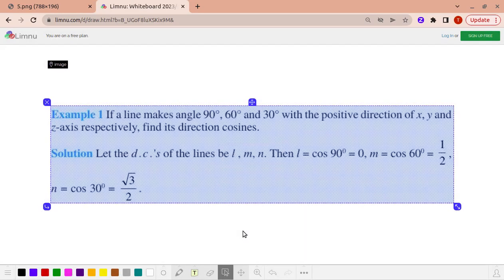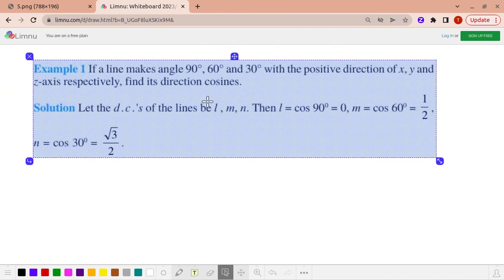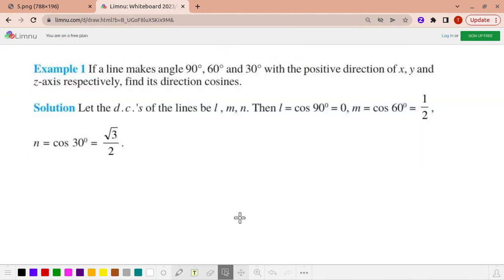The question is very simple here: if a line makes angles 90 degree, 60 degree and 30 degree with the positive direction of the x, y and z axes respectively, find its direction cosines. We know if l, m, n are the direction cosines of that line, l is equal to cos alpha. Alpha is 90 degree, beta is 60 degree, and gamma is 30 degree.